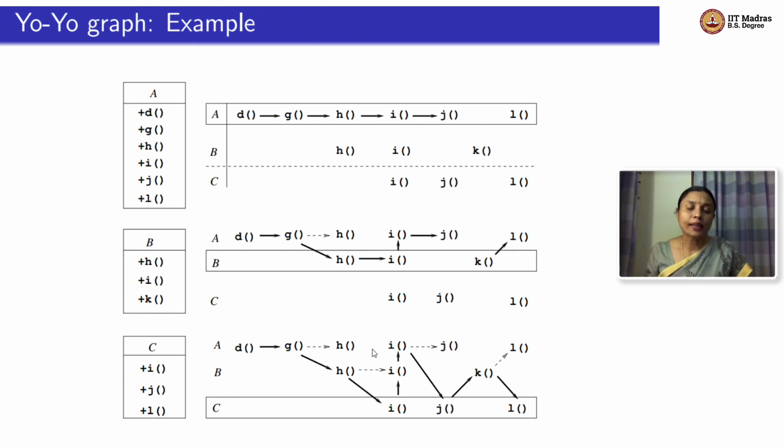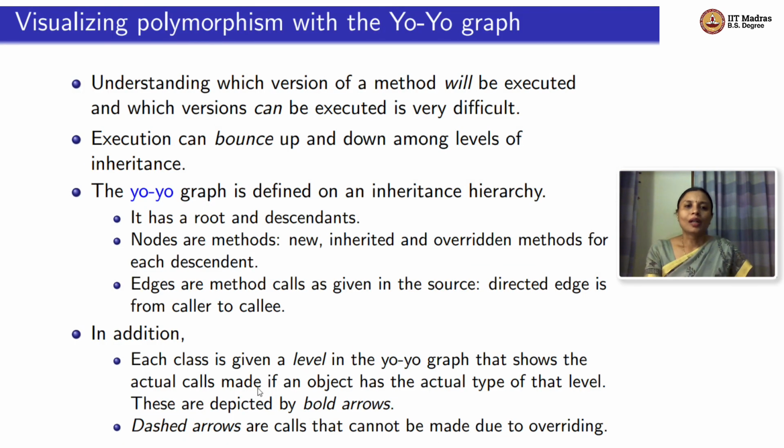Which are the calls that will happen is dictated dynamically based on what the object binds itself to, and the other calls are those that can happen. So a yo-yo graph is a useful way of visualizing class inheritance and method calls in the presence of polymorphic methods, just for visualizing so that we can understand what is happening.